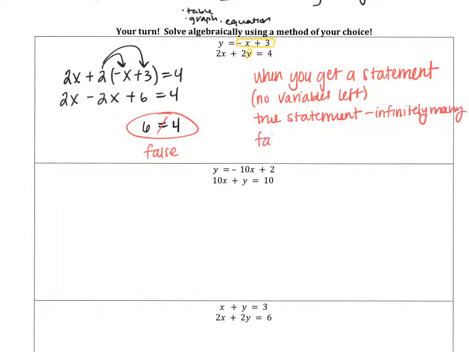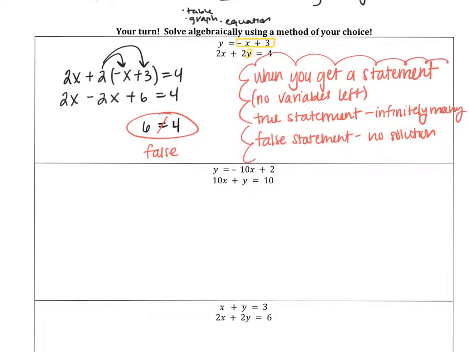If it's a false statement, no solution. So for this particular example, since this is false, this system has no solution. These two lines are parallel.